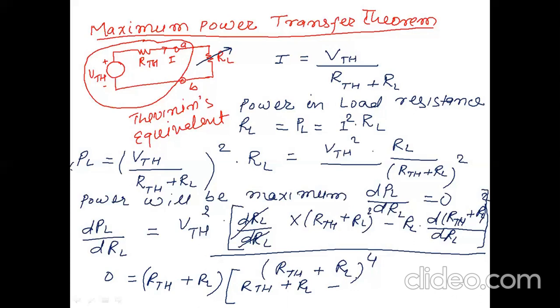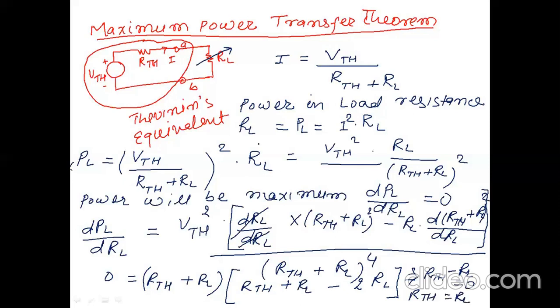So here we get twice RL, with this minus sign. This term will go to the other side and cancel out, and RTH minus RL will be equal to 0. So RTH equals RL.